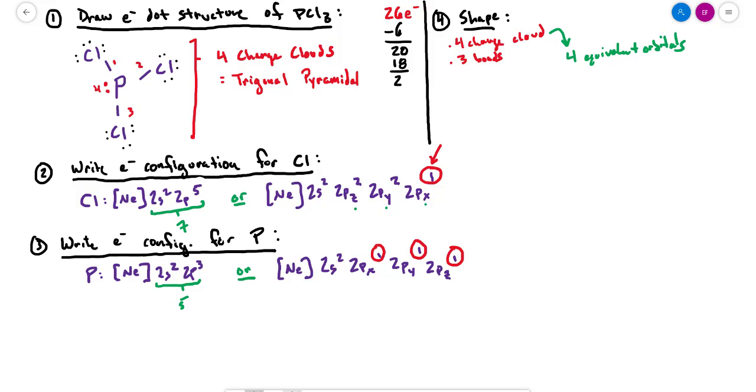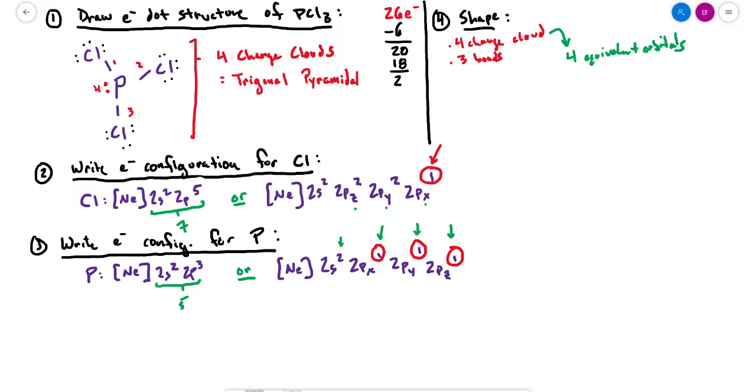If we look at our electron configuration for phosphorus, we have 3 orbitals that are equivalent, but we don't have 4. The other excess electrons are in our 2s2 orbital, so they're not equivalent.